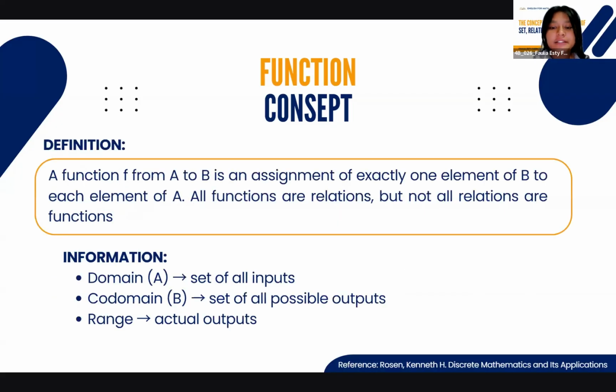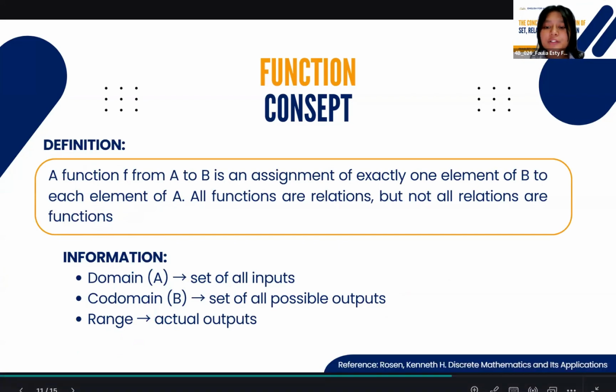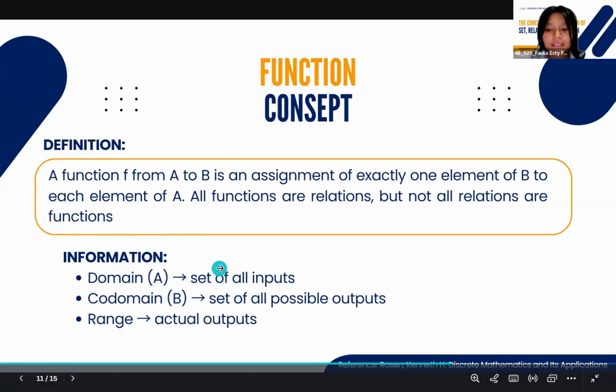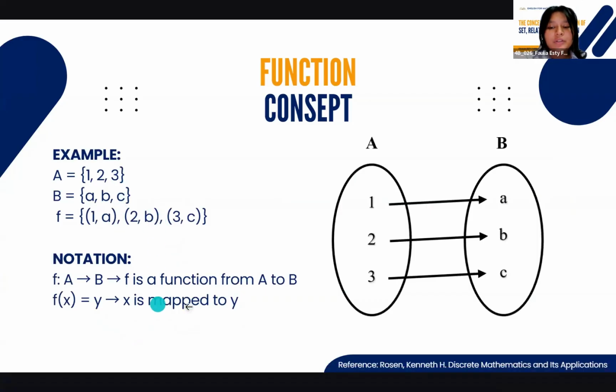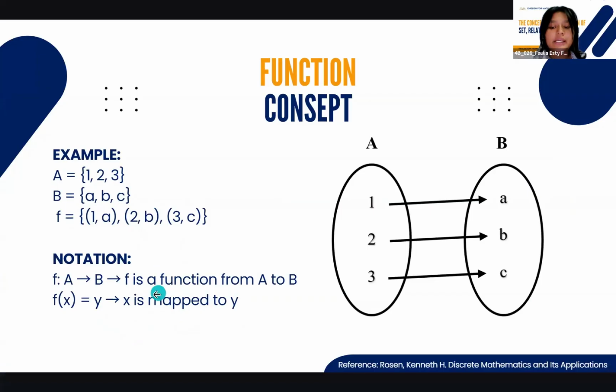There are three important terms. First, domain. The domain is the set of all inputs. It means all the values that we can put into the function. For example, if A is {1, 2, 3}, then the domain is 1, 2, and 3.